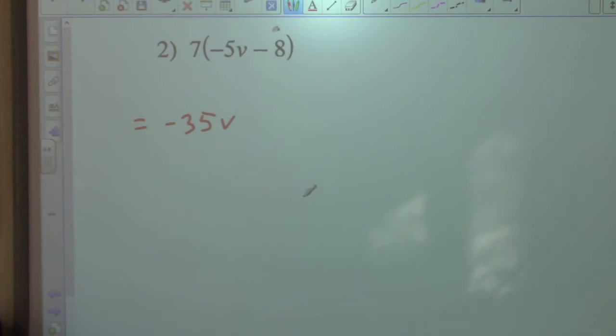Like that? 30. That's all I got so far. Okay, let's look at this. What's 7 times negative 5? Negative 35, is that right? Okay, and then we have 7 times negative 8, which is negative 56.